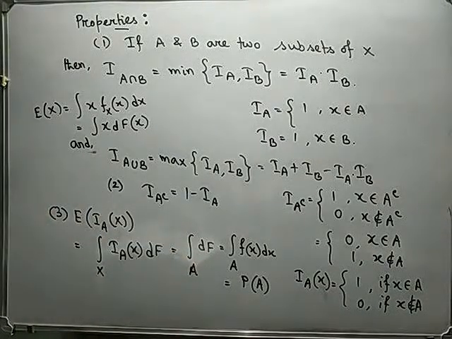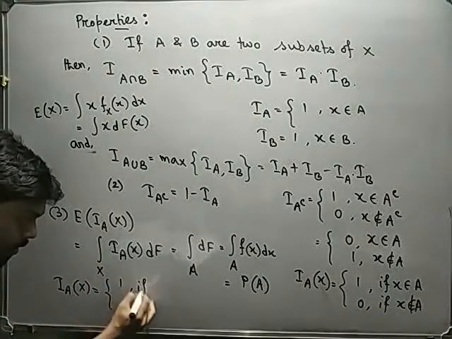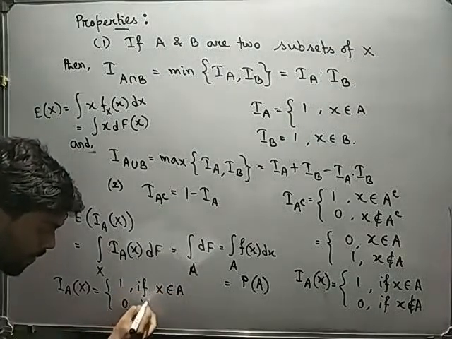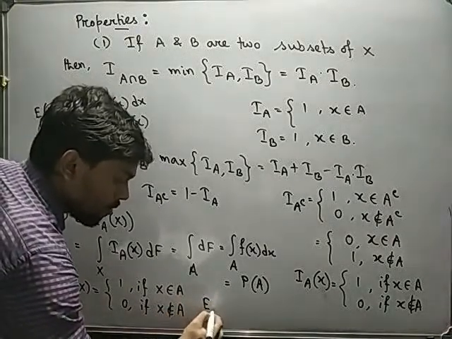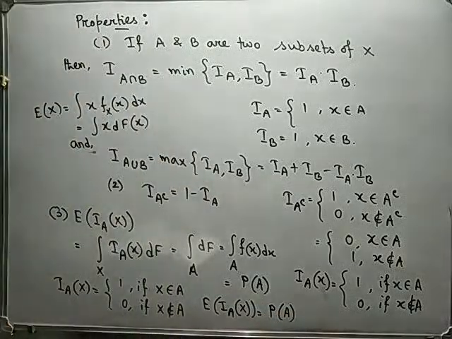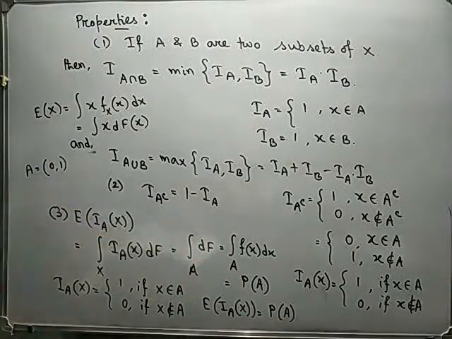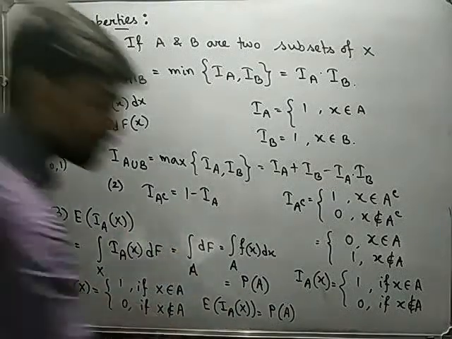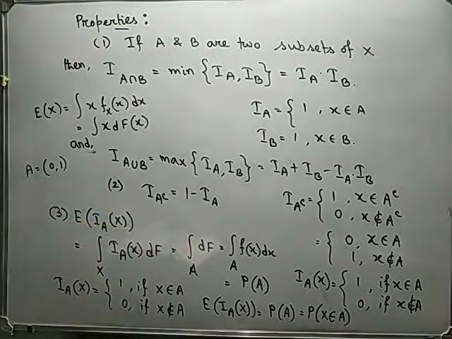That means if we define an indicator variable as 1 if x belongs to A and 0 if x doesn't belong to A, then the expectation of IA of X will be the probability of A. For example, if we choose A equal to 0 1, then the expectation of IA of x will be the probability of x belongs to 0 1.